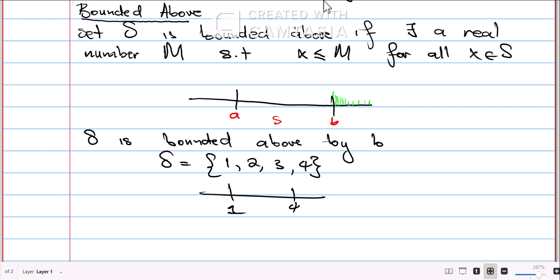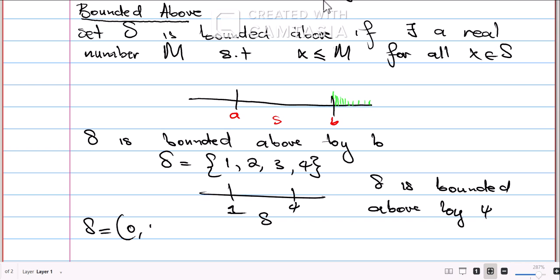So this is set S. So the upper bound here is 4. We say S is bounded above by 4. Okay.